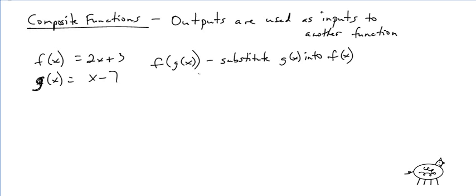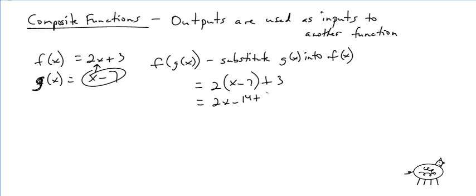So literally, g of x being x minus 7, that's going into that x right there. So that's going to equal 2, and what's x? X is what I'm plugging in. That's the g of x. That's my input, and that's 2 times x minus 7, plus 3. So it's 2x minus 14 plus 3. So that's going to equal 2x minus 11. Okay? Pretty easy.